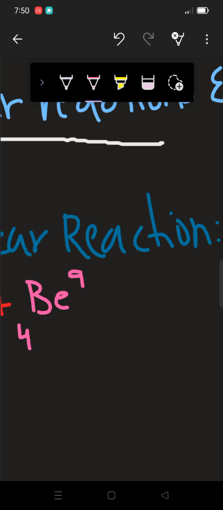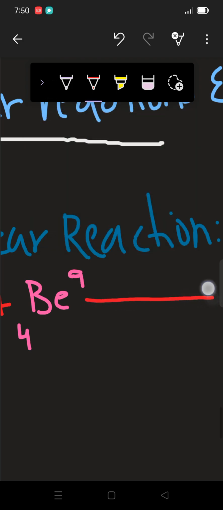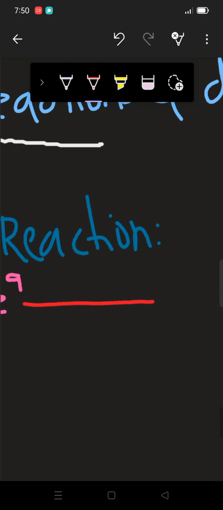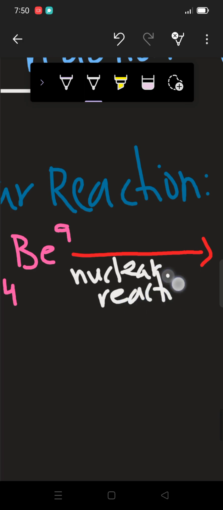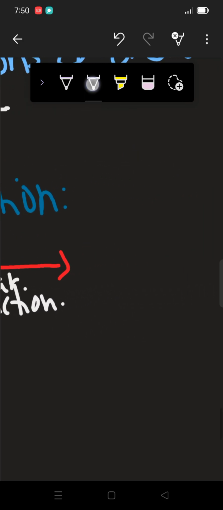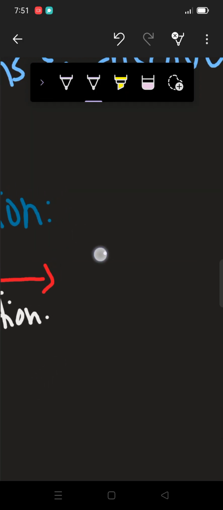When he reacted these both, what was produced in the result was carbon, with 6 atomic number and 12 atomic mass, and there was something else as well.